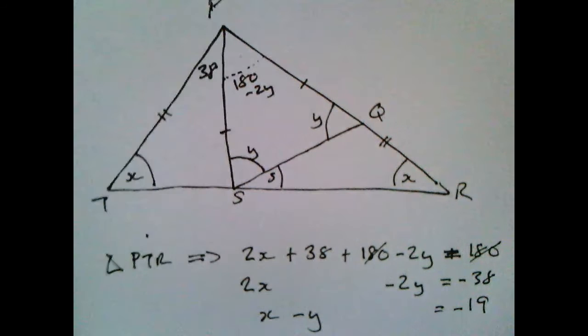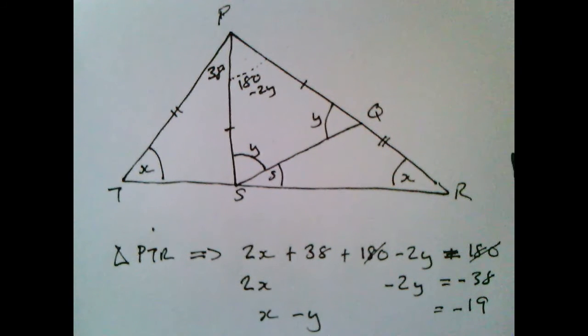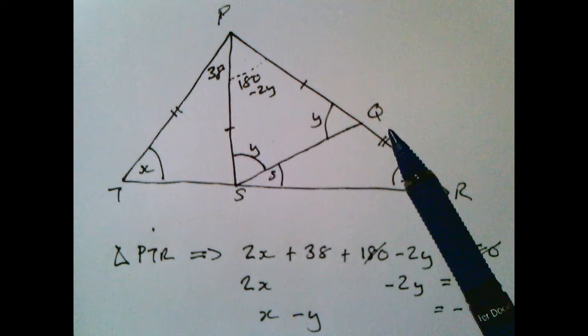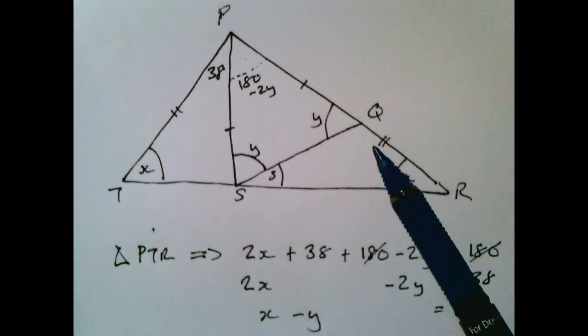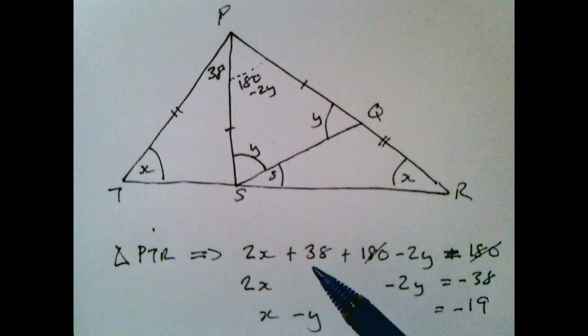Okay, now, I should probably say here is where people often get confused or upset by the whole thing: how do you know to do this? At this point, when I was doing it, I didn't know.